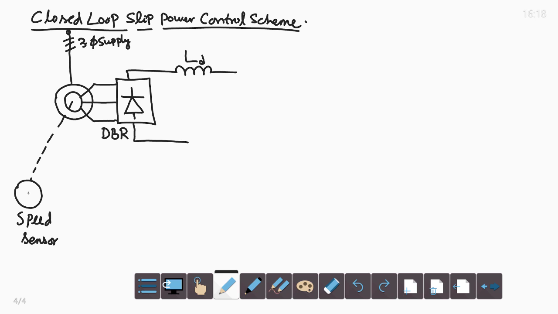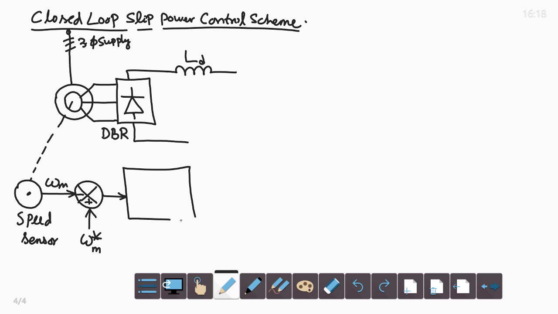It gives the speed feedback omega m, which is subtracted from the reference command speed omega m star. Then the speed error goes through a speed controller.